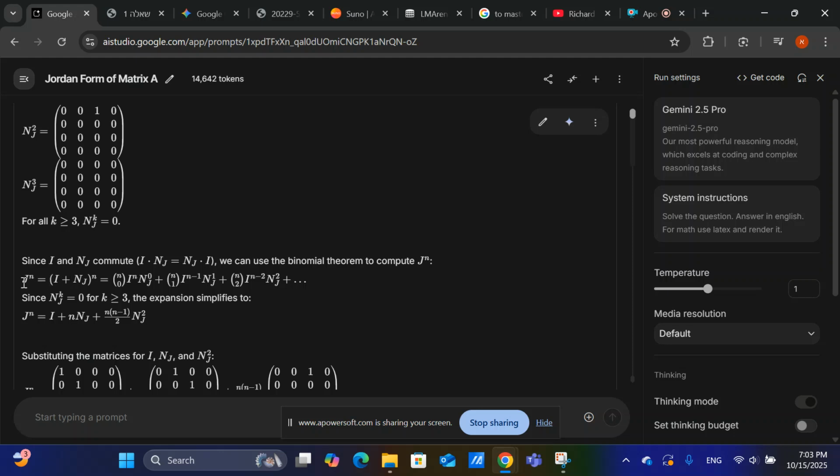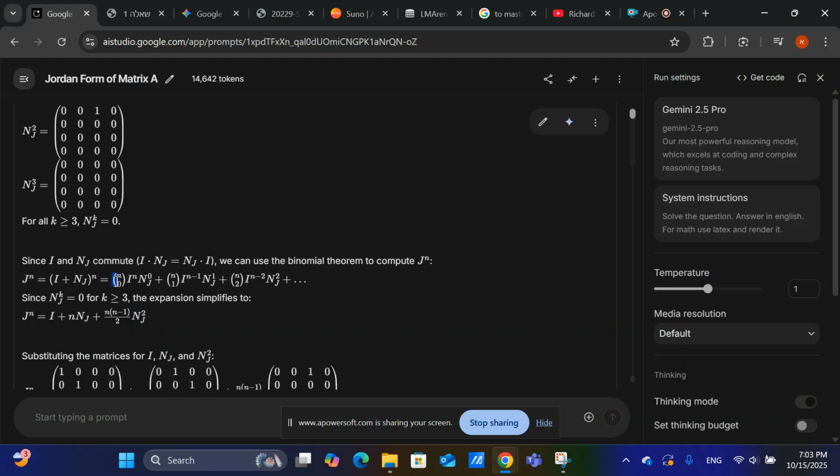So I can calculate J to the power of n by taking this I plus N_J that we did and taking it to the power of n. This is the binomial expansion. Now I don't need all of the binomial terms. I need just until N_J to the power of 2, because from the power of 3 on, I'll just get zeros.